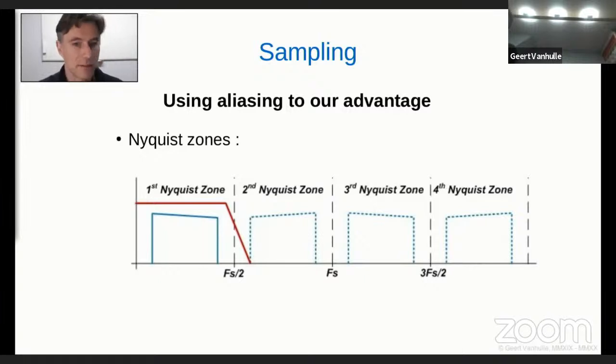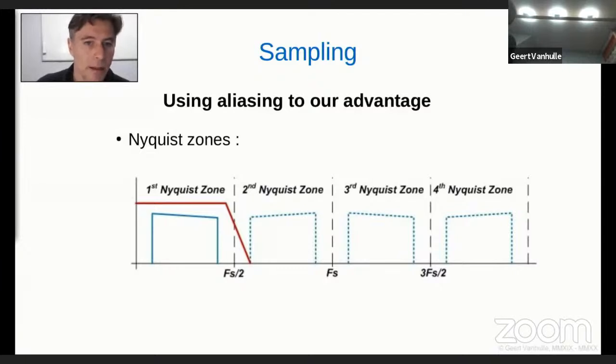So that's a nice zone. There won't be any aliases in there if we filter all the rest. A second zone would be between half of the sample rate and the sample rate, or sample rate and 3/2 sample rate, and so on. So these are the Nyquist zones, and we could select with a filter one of these Nyquist zones, and that would be our oversampling range.